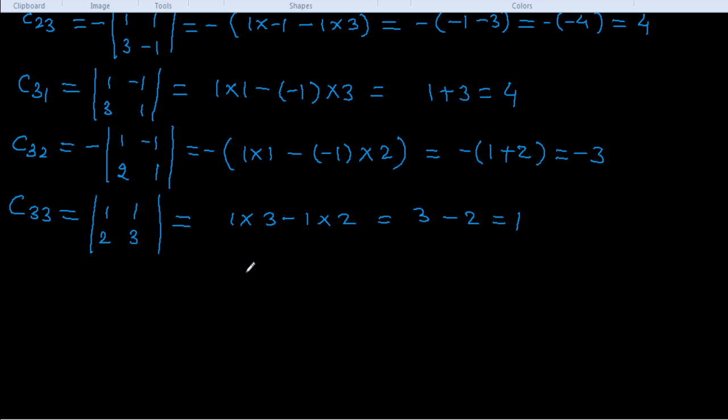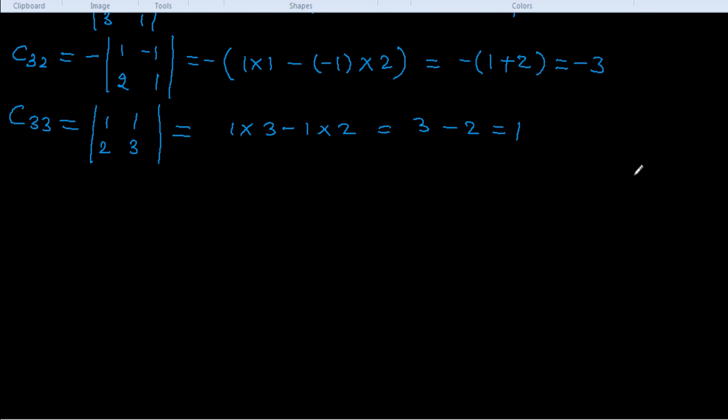Now we find out adjoint A. Adjoint A is a matrix of cofactors, but it is the transpose matrix of cofactors.